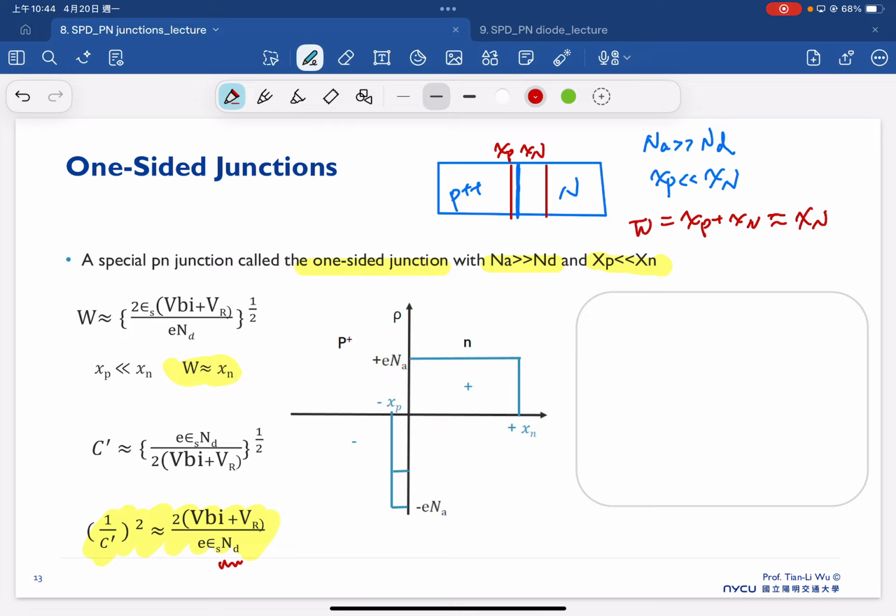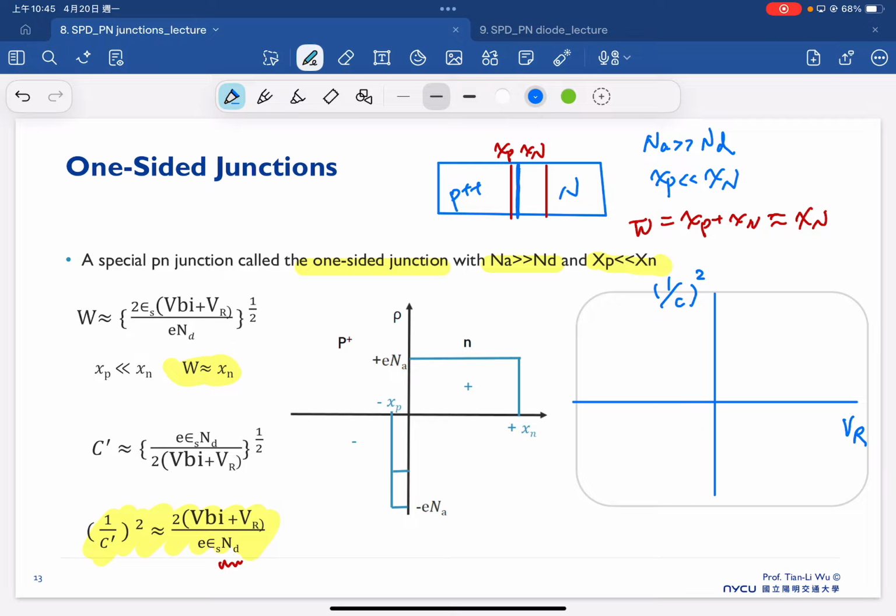So how do we do this? We actually just need to plot 1 over C squared versus VR.